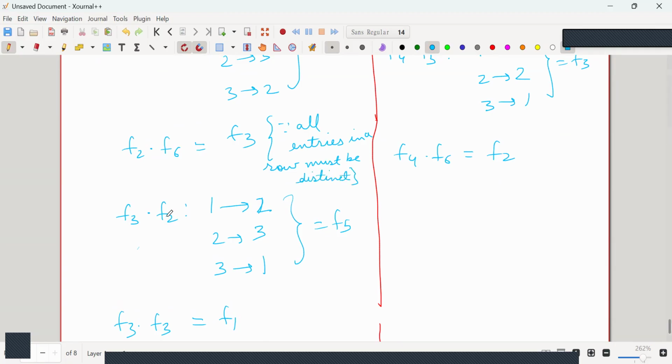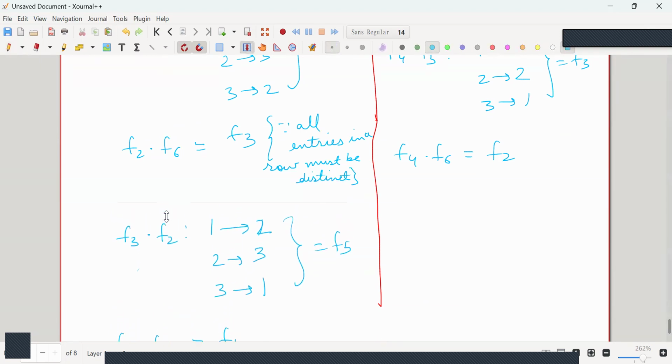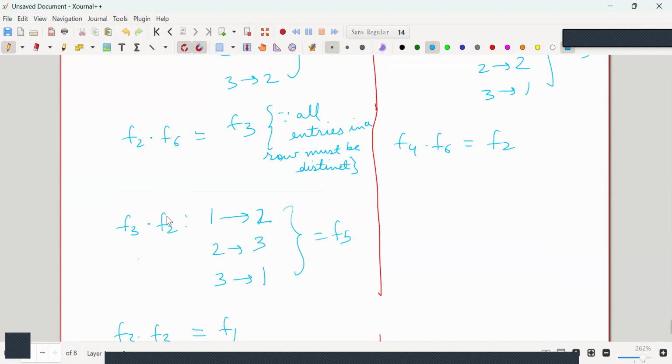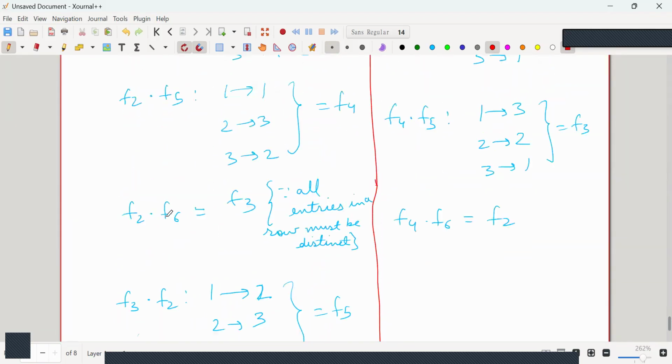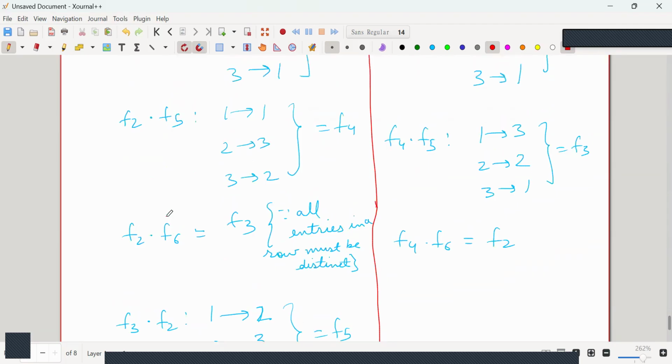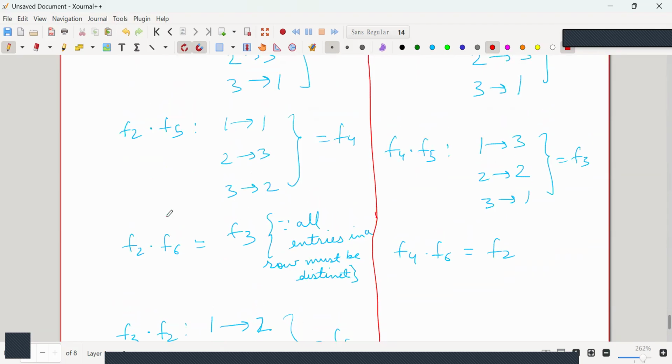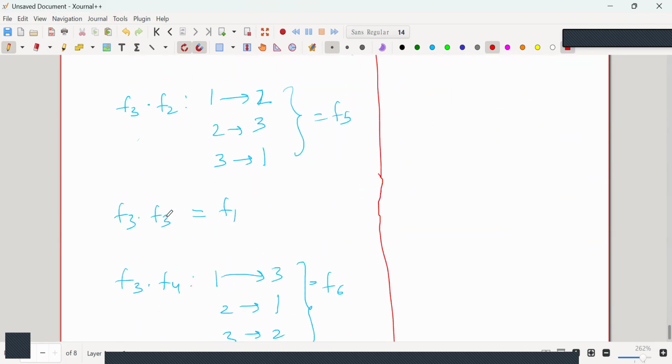Okay, same logic applies here. Okay. So now for F5 we need to check.